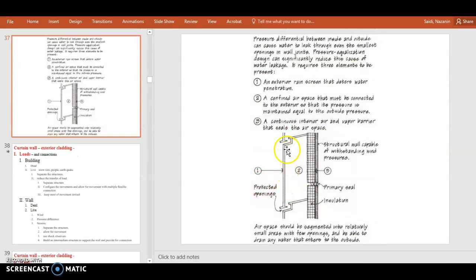The three zones: the outer layer, the rain screen; the intermediate zone, the pressure equalization chamber; and the interior zone. Somewhere within zones 2 and 3, we need to take care of insulation, and we typically prefer putting the primary seal on the inside.